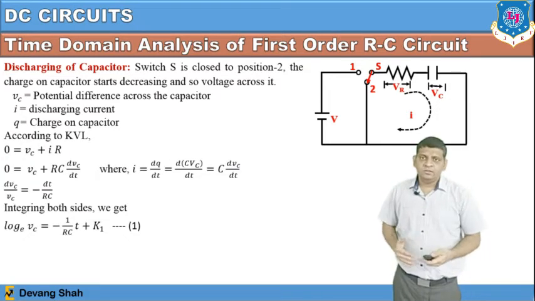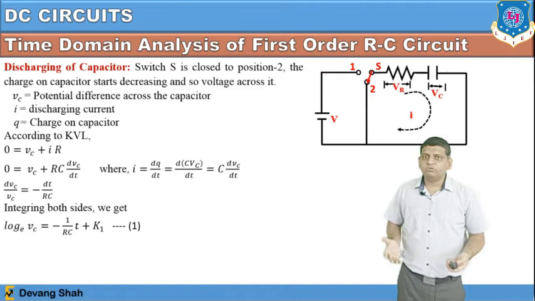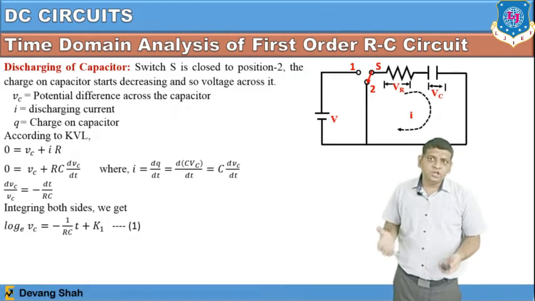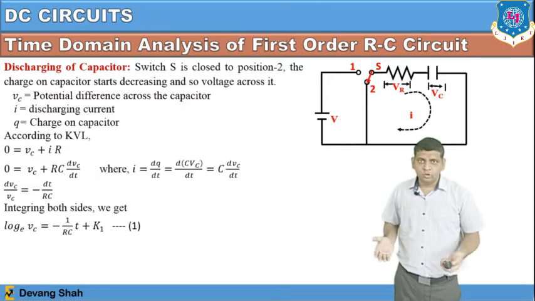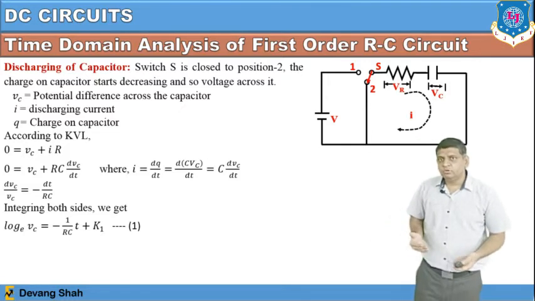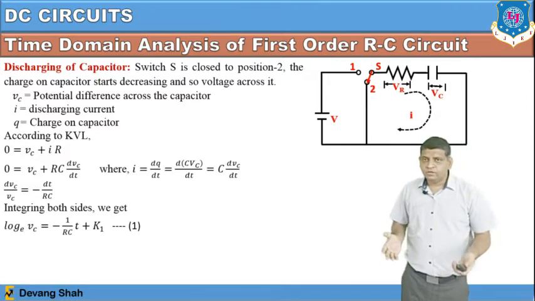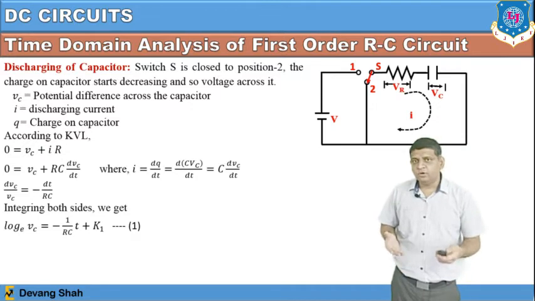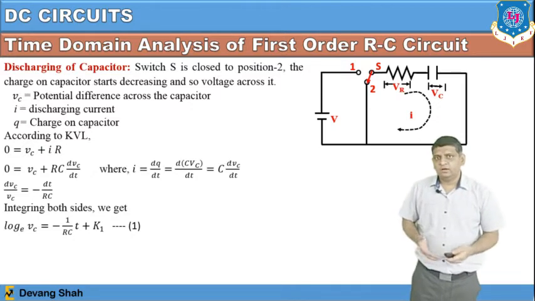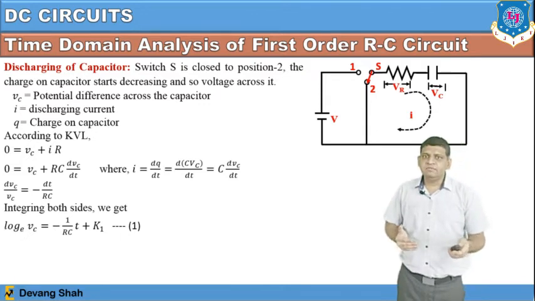Now there is no applied voltage V, so I make V equal to 0 and apply KVL in the loop. You will find 0 is equal to Vc plus I into R, where obviously I is equal to dq by dt, so C into dVc by dt. Putting this in the equation, 0 is equal to Vc plus RC dVc by dt.